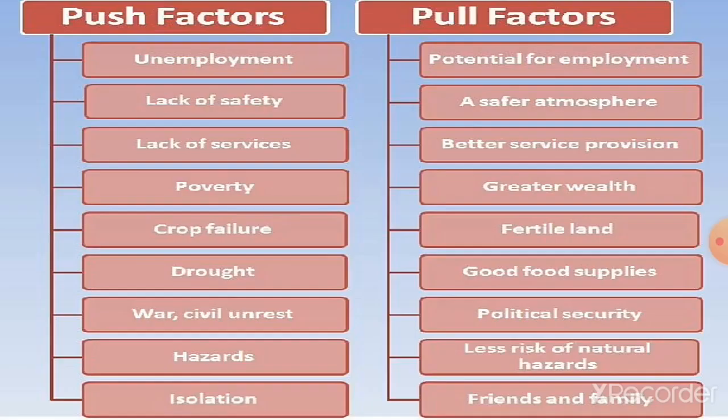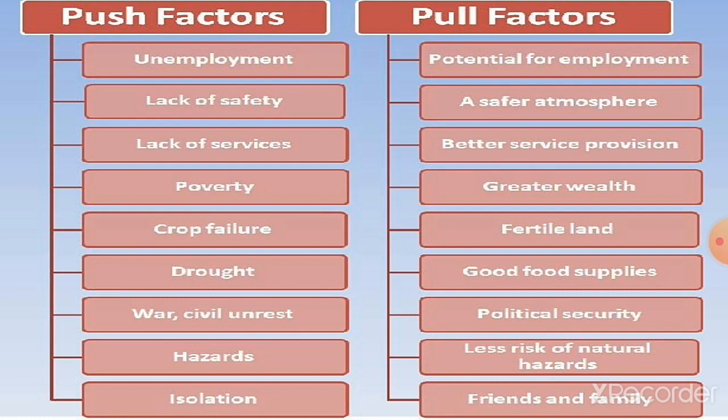The push factors are unemployment, lack of safety, lack of services, poverty, crop failure, drought, war, civil unrest, hazards, isolation. So these are the factors which push people to move from village to urban areas.